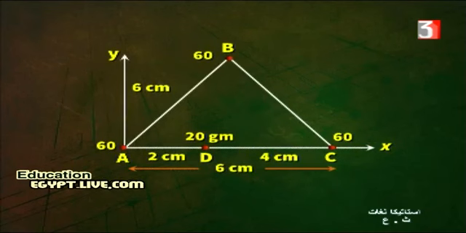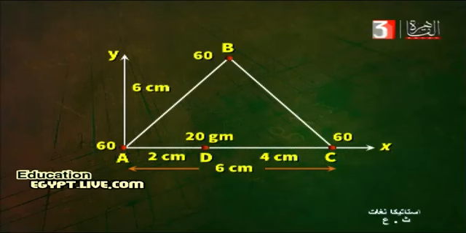This is the lamina in the shape of equilateral triangle ABC. The point D is at a distance 2 centimeter from A. We know that the length of the side of the equilateral triangle is 6 centimeter.